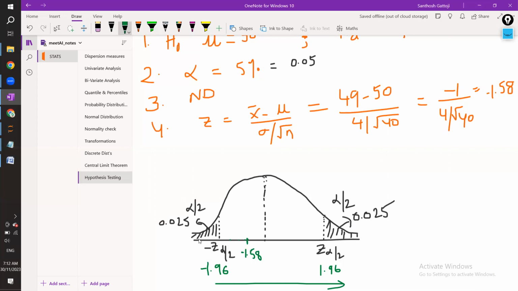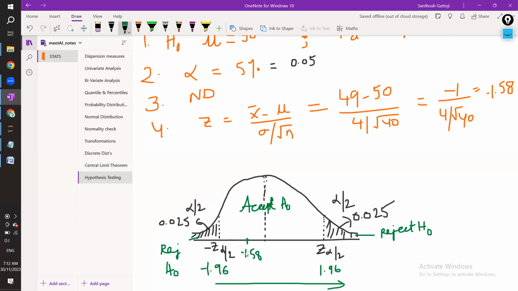Only these are the rejection regions. Here we reject the null hypothesis, and here we accept the null hypothesis. Agree?